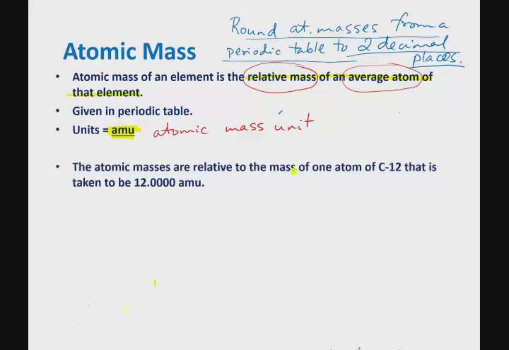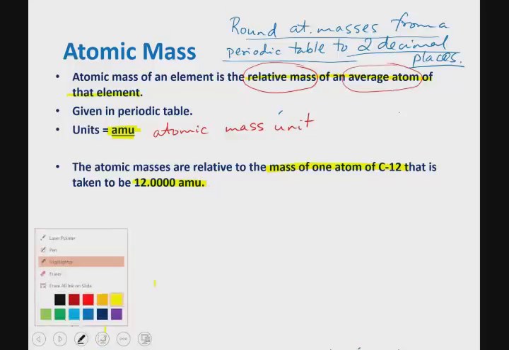They are relative to the mass of one atom of C12. C12 atom is the most abundant atom on the surface of the earth, so that is taken as the standard. And we have assumed that the mass of one C12 atom would be 12.00 AMU. So if the C12 atom has a mass of 12.000 AMU, then hydrogen mass would be 1.01 AMU, or nitrogen mass would be 14.01 AMU. That's what the relative mass implies.